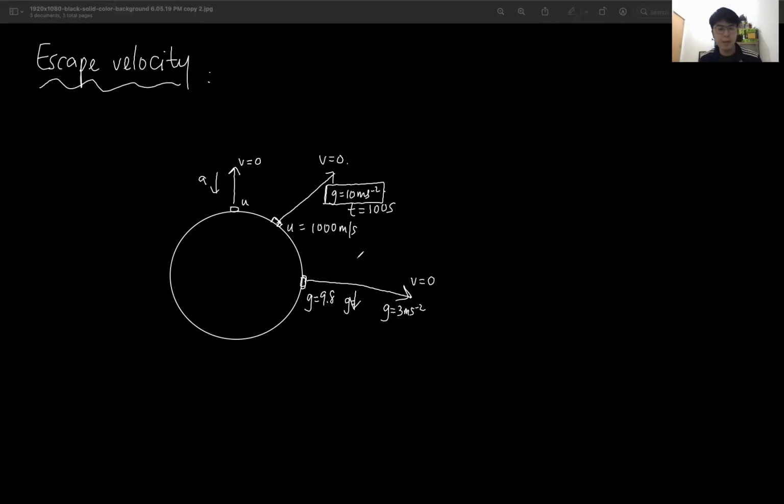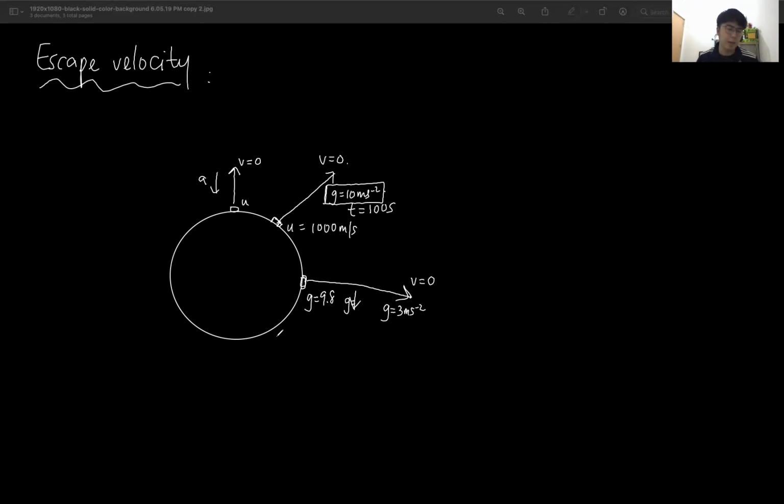What happened to the object? Still it falls down, right? Even though the g is already very small, it still falls down because you don't have any more thrust here, and it will be attracted back towards the Earth.